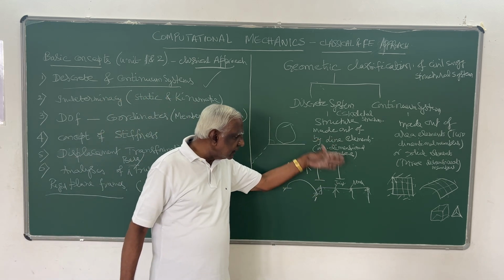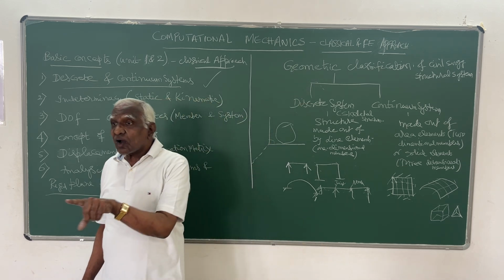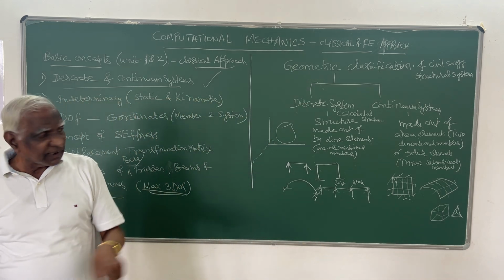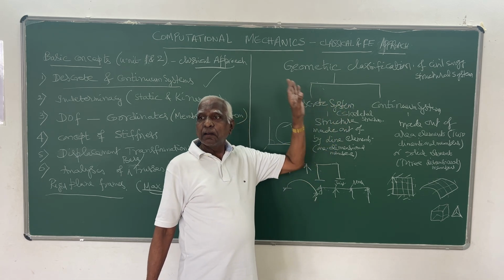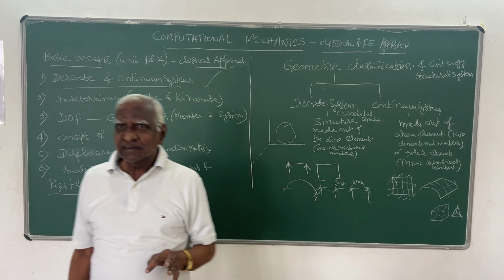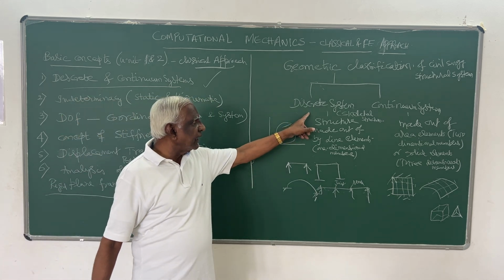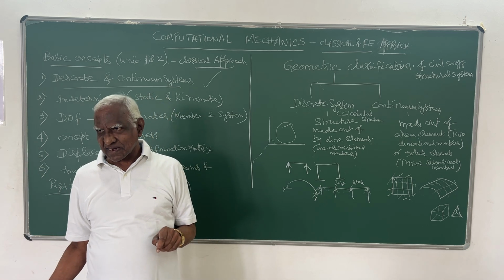If all the elements lie in one plane, it is called a planar structure. Again, you can classify here discrete system as planar structure as well as space structure. That is planar discrete structure or space discrete structure.